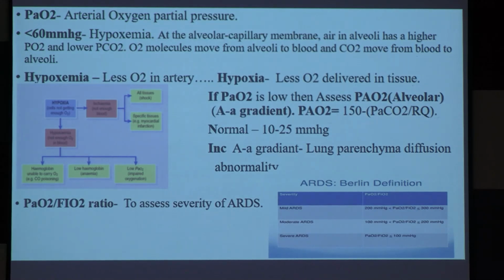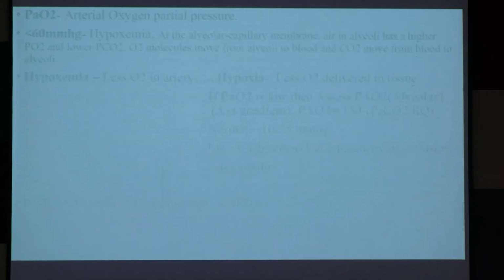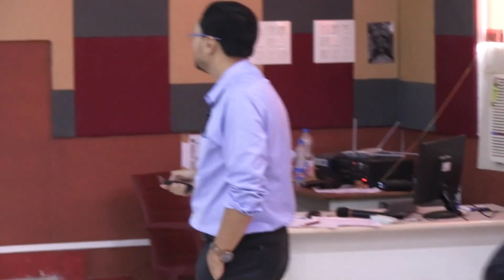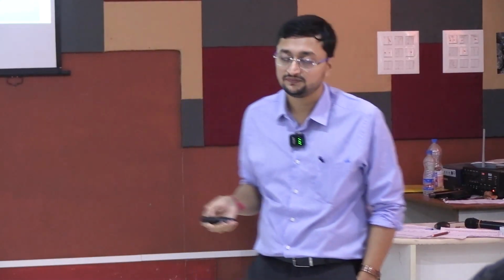If it's severe, then it's less than or equal to 100, right? So the ARDS example I told you, which came to 200, what category is that? Moderate, less than or equal to 200. This is a moderate ARDS.